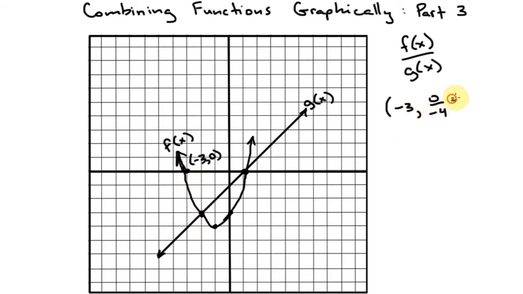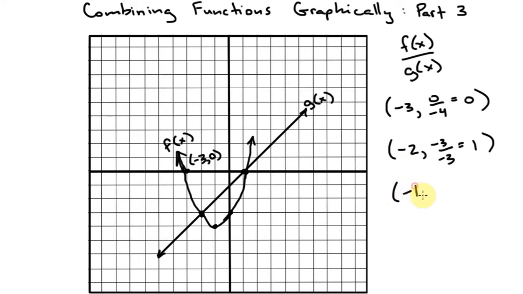That's just 0, so that point isn't even going to move. It's an invariant point. So we have -3, 0 as one point on the graph. At -2, both graphs have the same y value, which looks like -3, so we're at the point -2, 1.